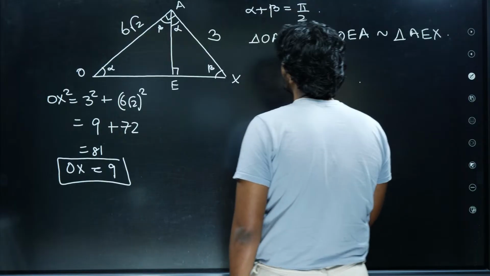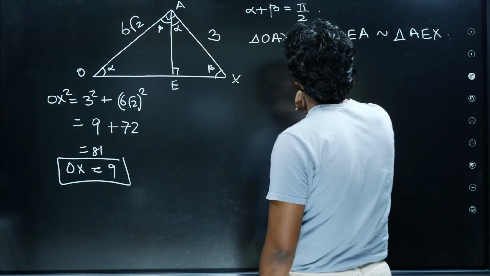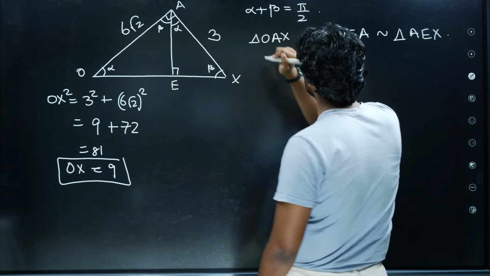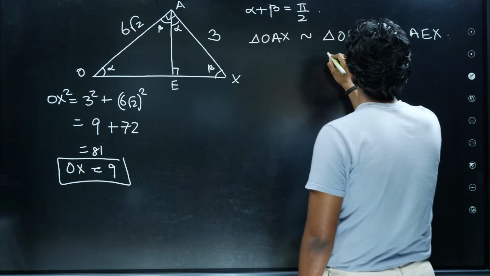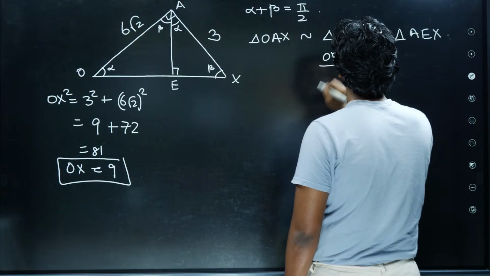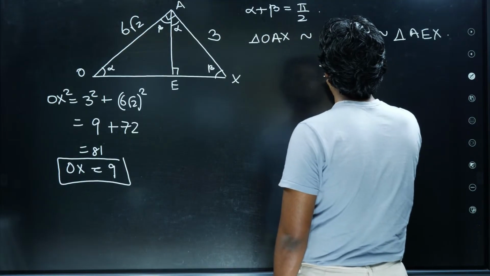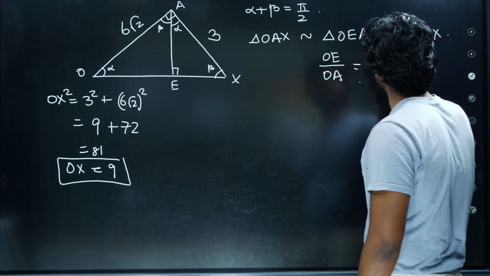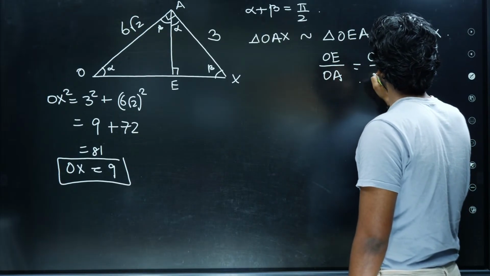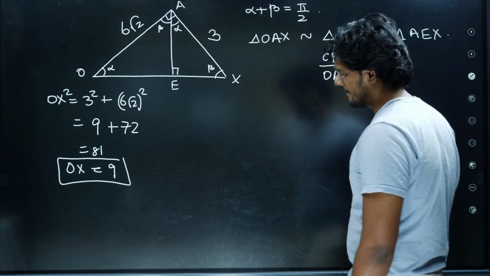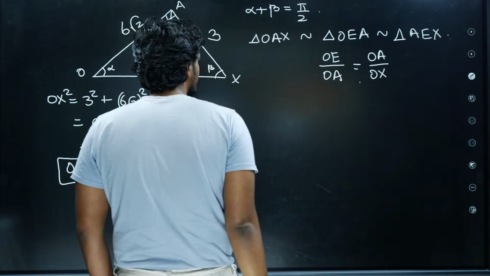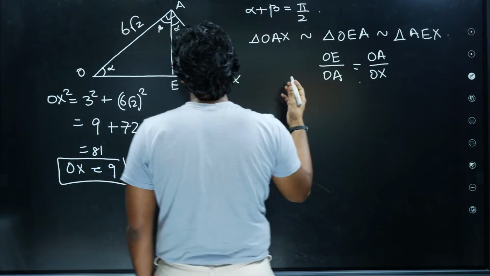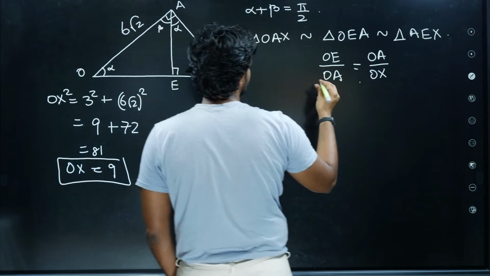So if I want to find, let's say, OE, right? So let's look at this. OE by OA is equal to, here OA by OX, right? That's clear, that's obvious. So I can find OE.